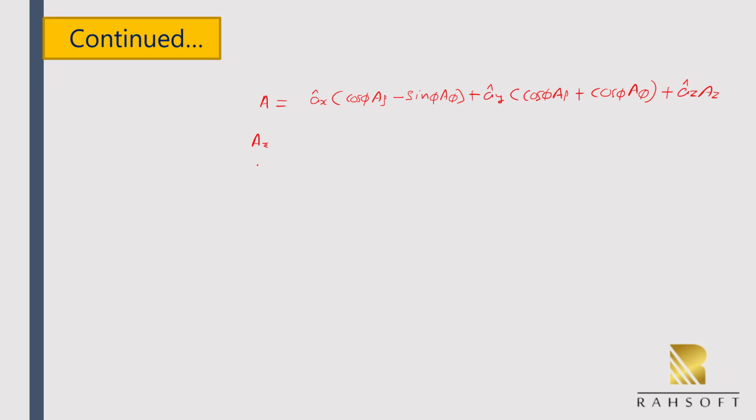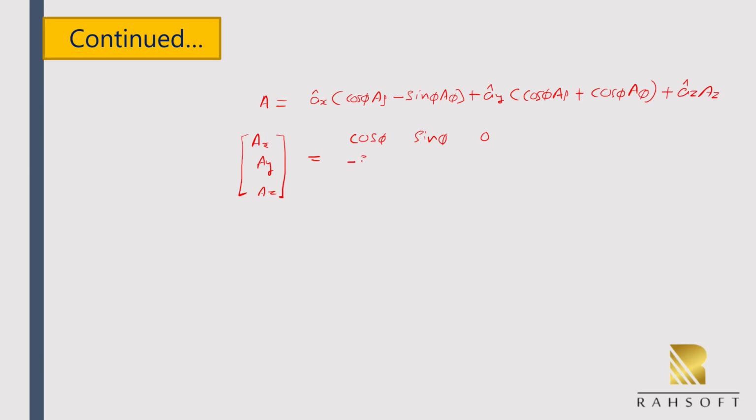vector A_x, A_y, A_z. So you can write it in a matrix form. This is cos phi, sin phi, 0.